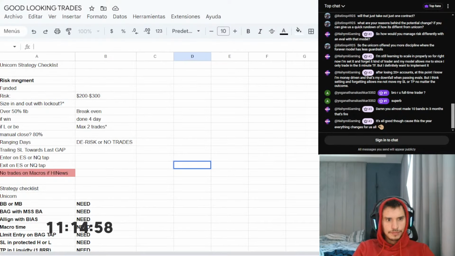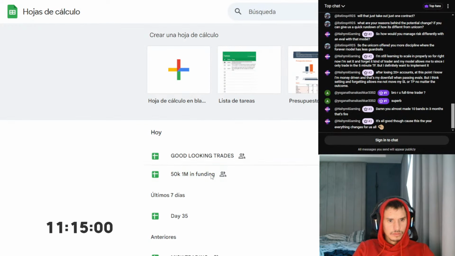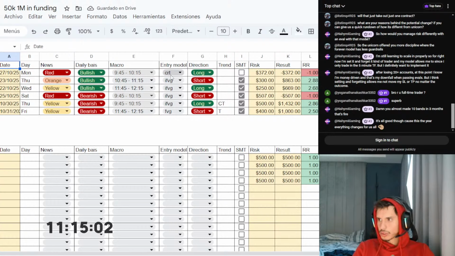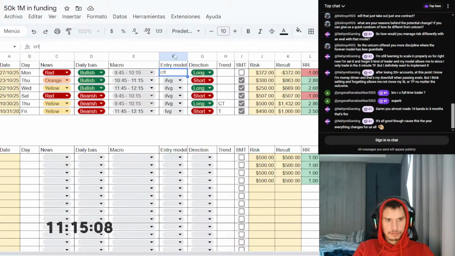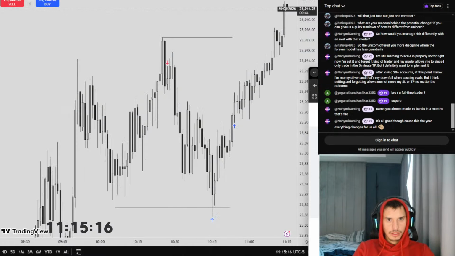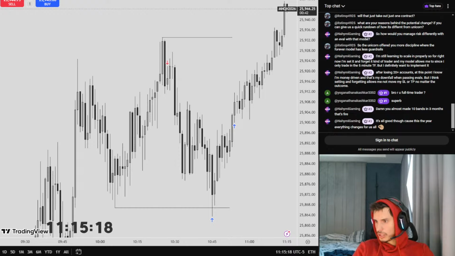That was the calendar I was trading forever model, but I had different entry models: CRT, FVG, or IFVG. So it would leave me more of a freestyle based trading. Wait, I actually want to see my previous calendars.